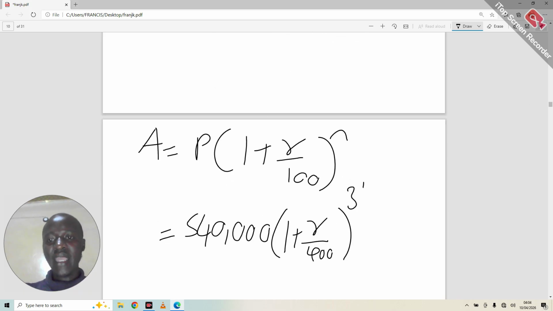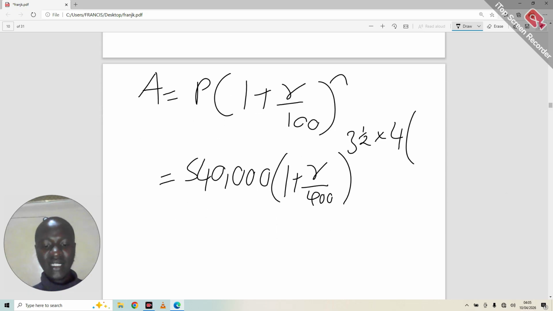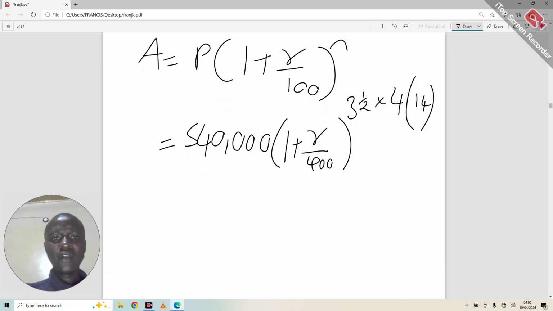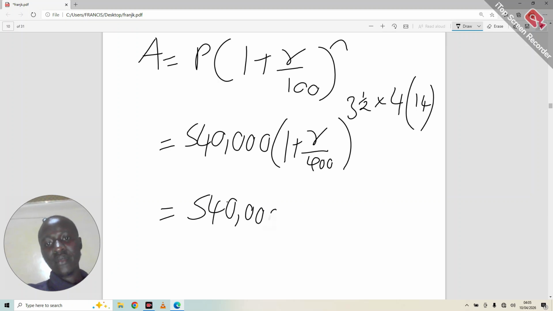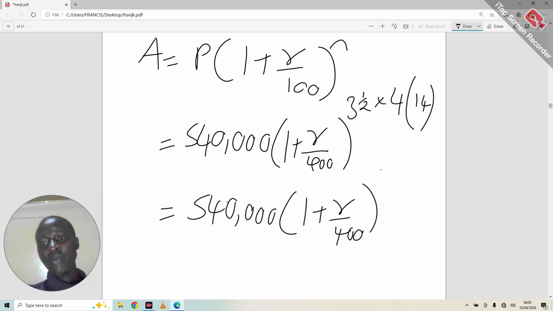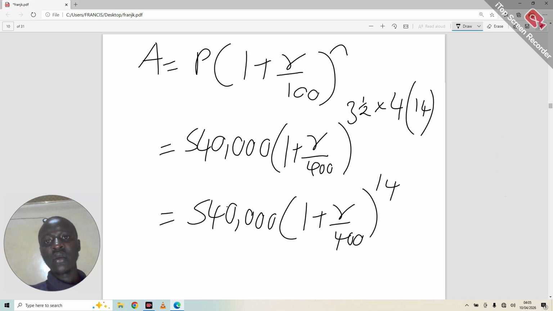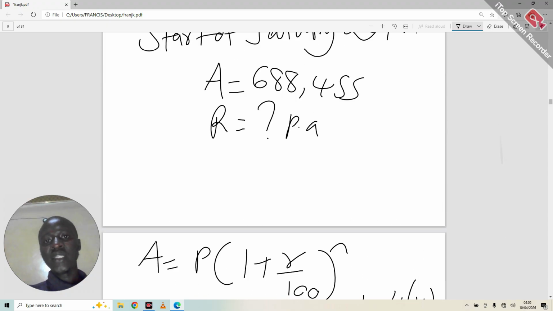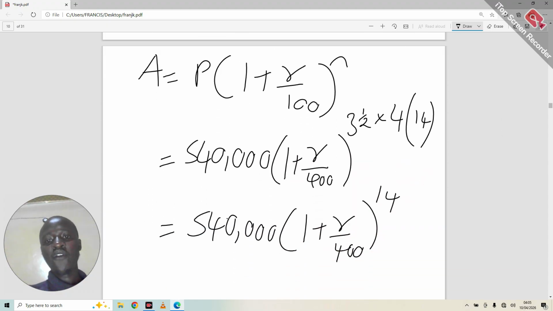So we have 3.5 years multiplied by 4, why 4? The quarterly thing. So 3.5 multiplied by 4 gives 14. So let's solve this: 540,000 into 1 plus r all over 400 power 14. Did we have our amount? Yes, that one was 688,455.